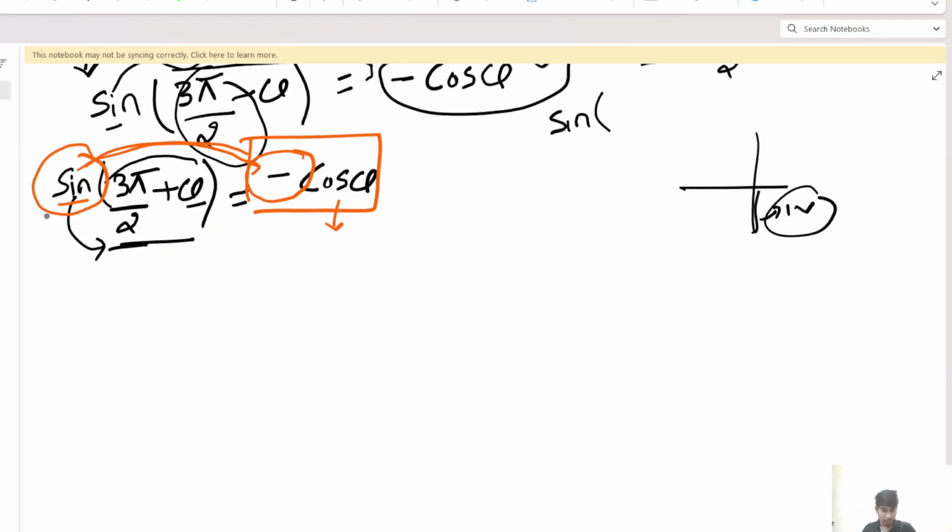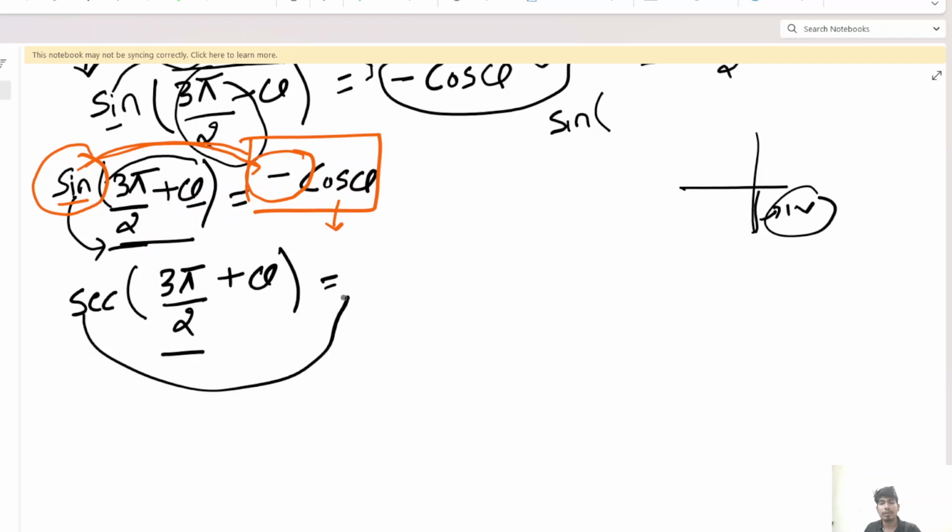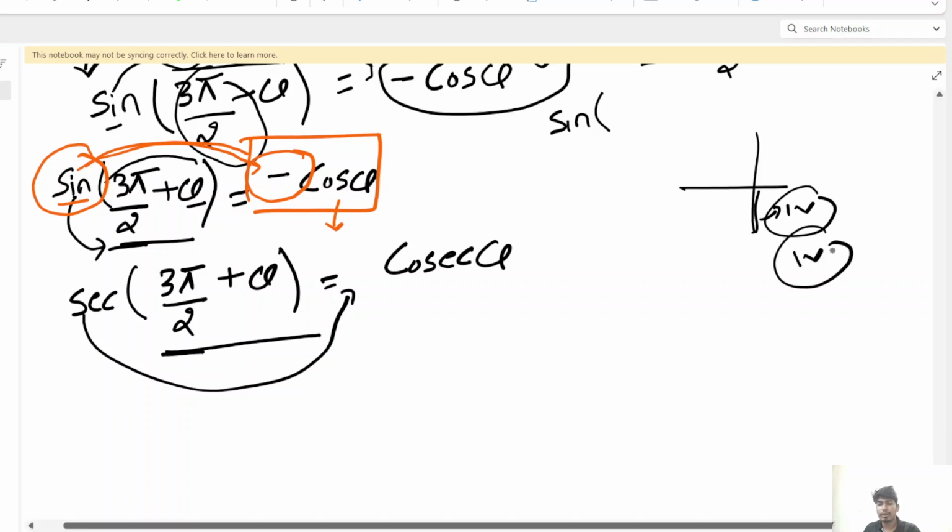So these are our key points, and let's take an example of sec also. Sec of 3 pi by 2 plus theta. Here it is 3 pi by 2, so sec goes into cosec and theta remains the same, cosec theta. 3 pi by 2 plus theta is in the fourth quadrant, and we know the sec function is positive in the fourth quadrant, so it is plus.